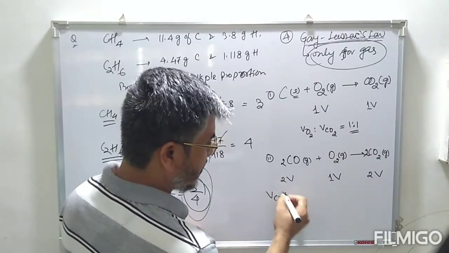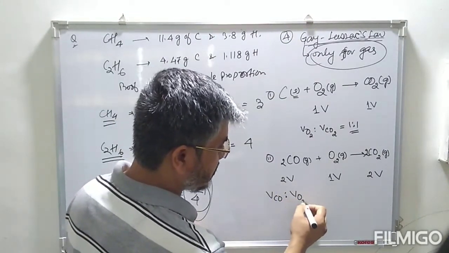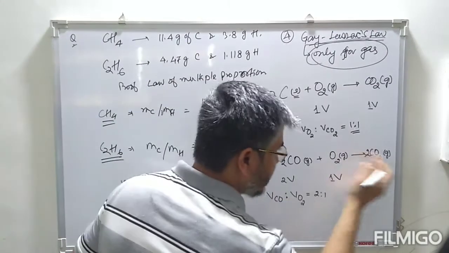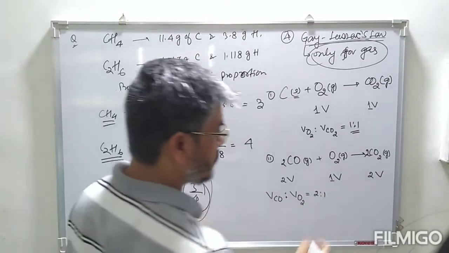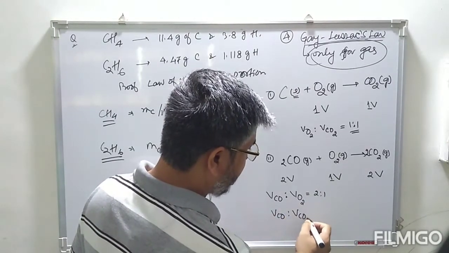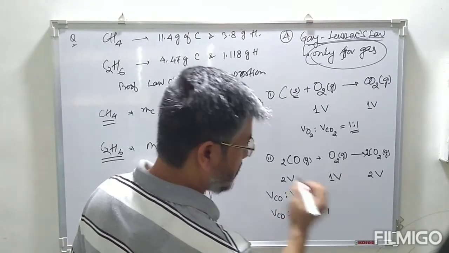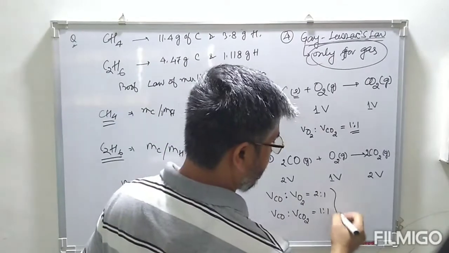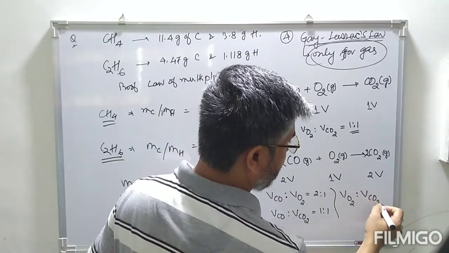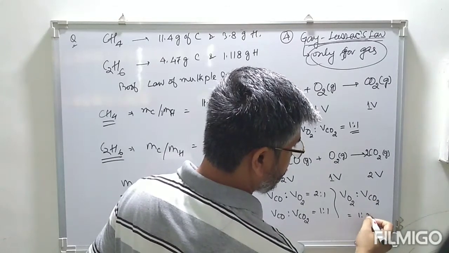Volume of carbon monoxide to volume of oxygen is always 2:1. Now this can also be extended to products also. Volume of carbon monoxide to volume of carbon dioxide comes out to be 1:1. Volume of oxygen to that of volume of carbon dioxide comes out to be 1:2.